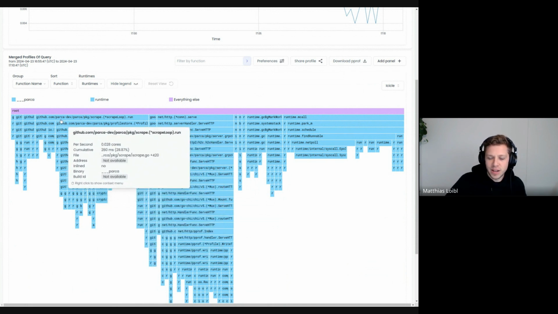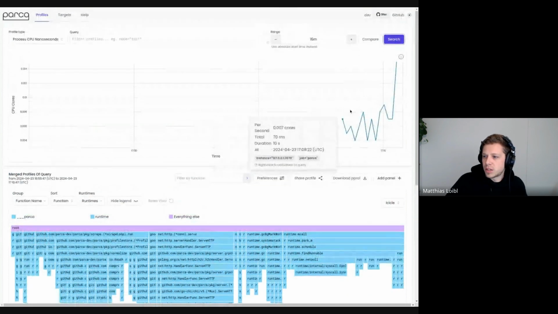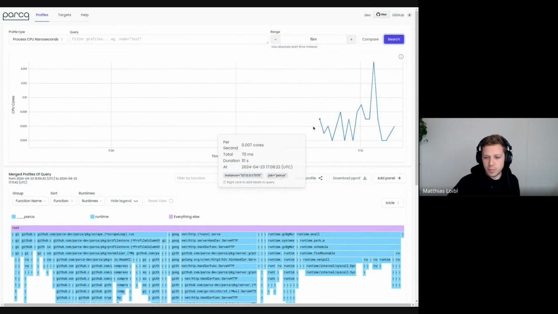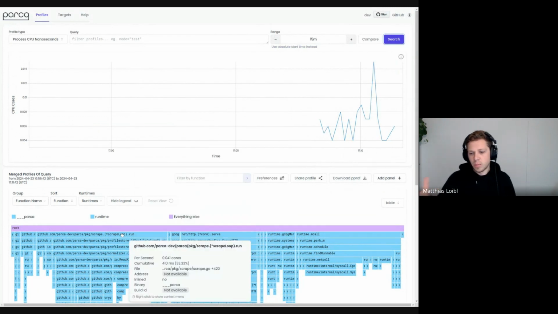This is interesting because now we're taking these last 15 minutes and crunching all of these numbers. Previously, for this one, we would have had 410 milliseconds over whatever the underlying duration is. But now we take that and divide it by the sum of the duration of that icicle graph, and we get to 0.041 cores per second.